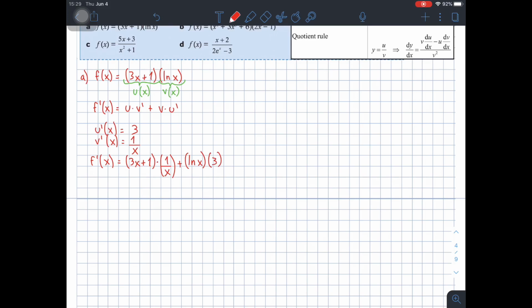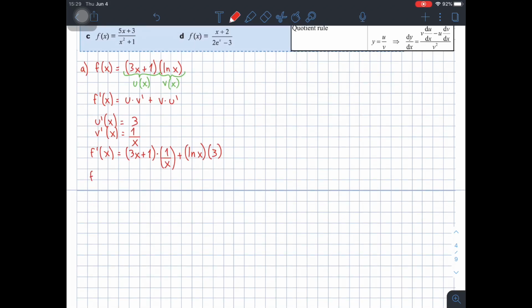Okay, so if we reorganize this, we're going to have that f prime of x is equal to 3x plus 1, all of this divided by x, plus 3 times natural logarithm of x, and this would be the result for this derivative. This is the derivative of f.